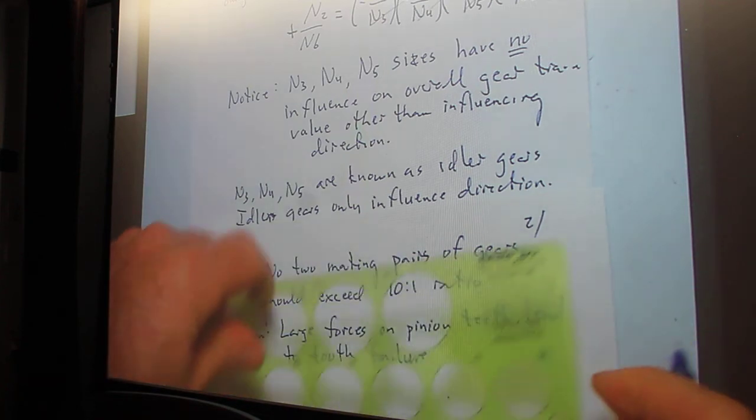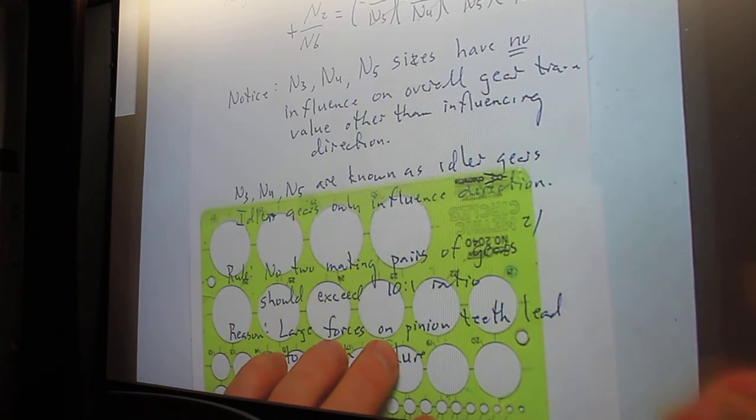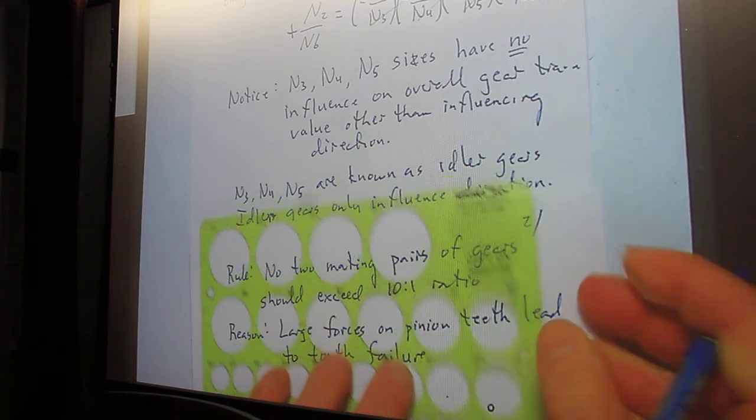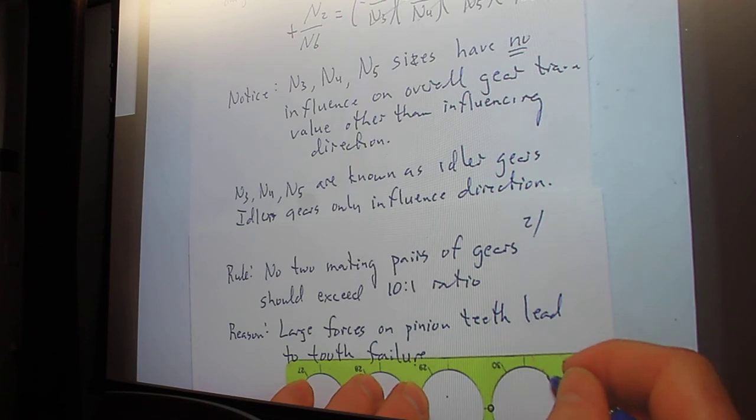So what I'm trying to say here is that if you have something like this here, where you have just a little small pinion, and you have a huge gear that's mating.